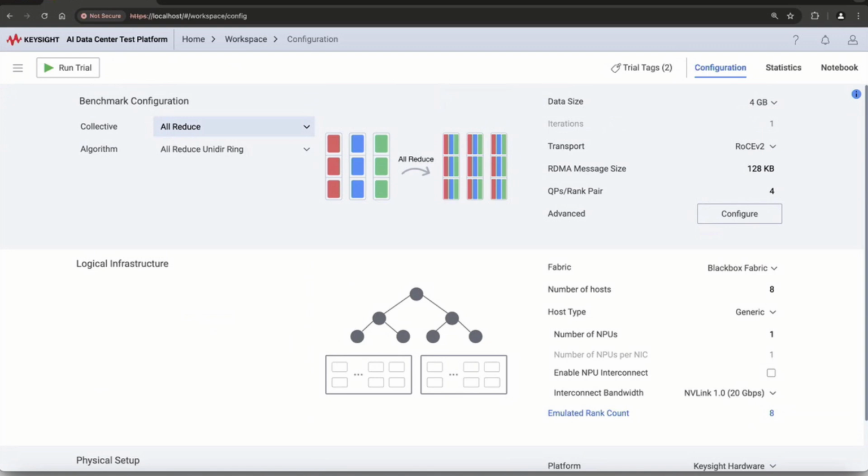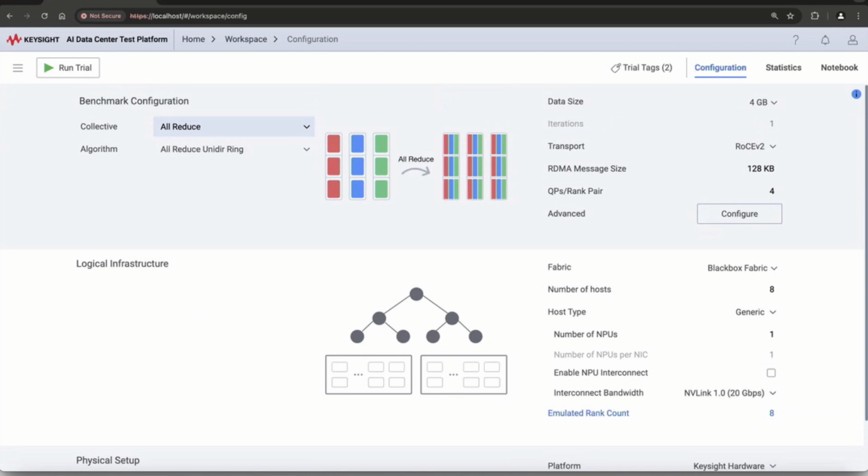At the end of this operation, you want all the GPUs to have a result obtained by combining all that data. So you have 3 GPUs with A, B, and C as the data. You want A plus B plus C, that result, to be with all GPUs at the end of that collective. And there are multiple different algorithms that can be used to achieve this.